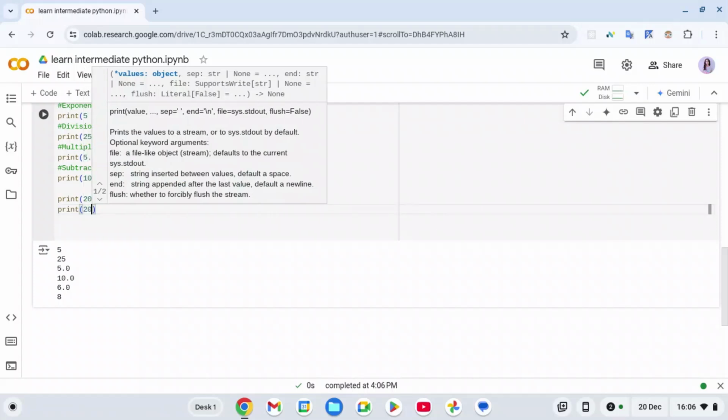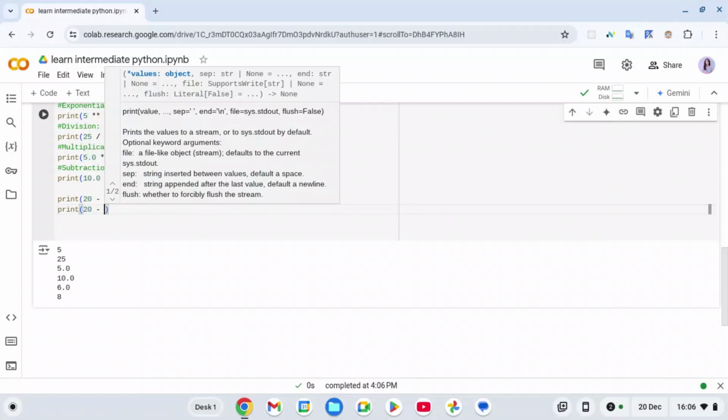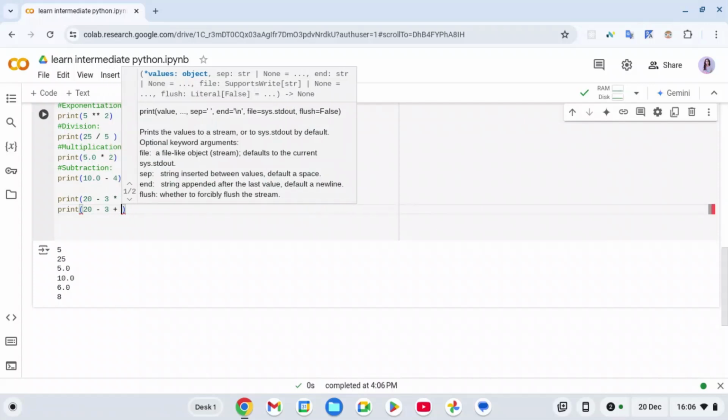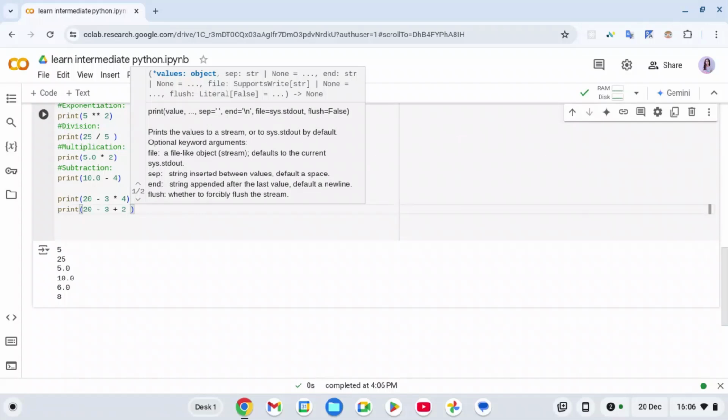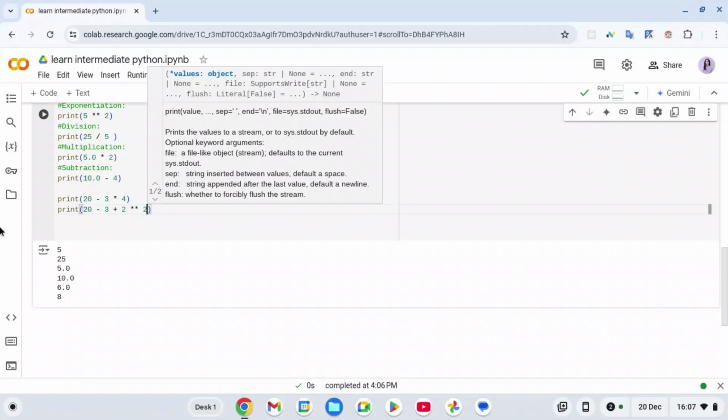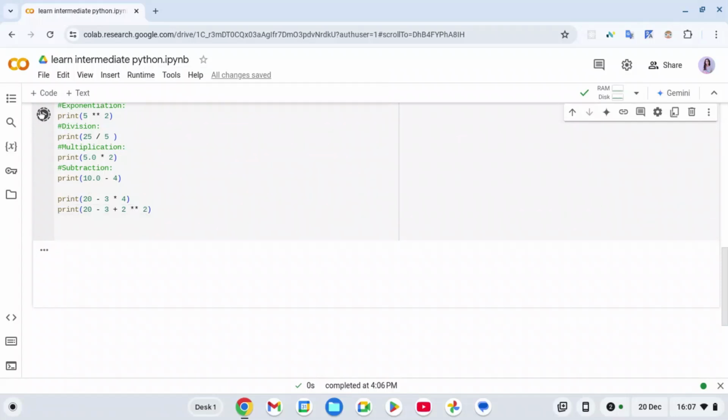Now the second example is, let's do 20 minus 3 plus 2, and then power 2. Let's run the code and we'll get 21. Now let me explain how we got 21.